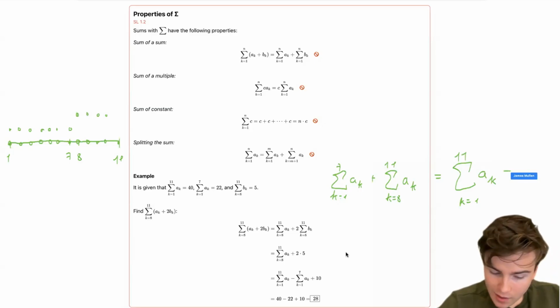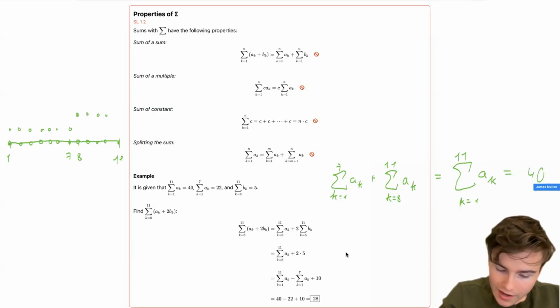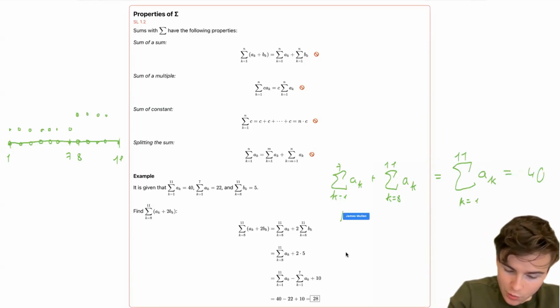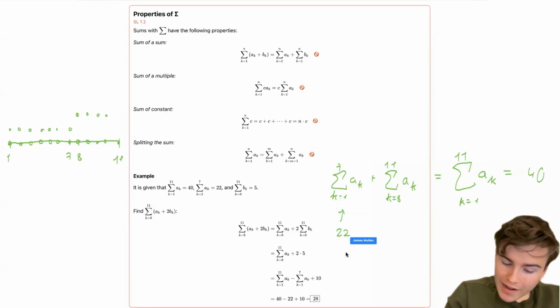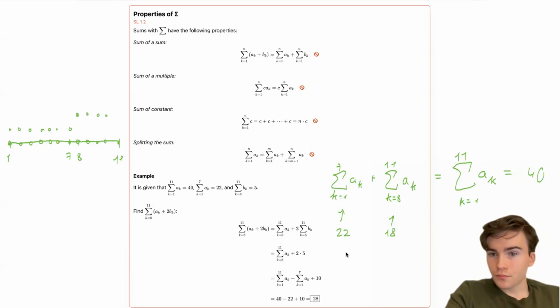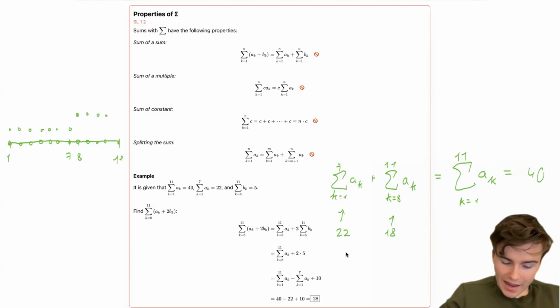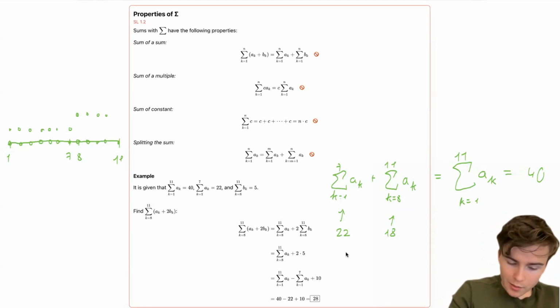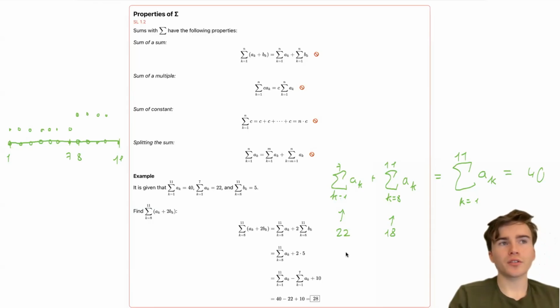And we know what the whole sum is. The whole sum is 40. And we know that this is 22, which means that the remaining part that we're looking for has to be 18, 40 minus 22. Which means that I can write this sum from 8 up to 11 as 18. I add 10 and I get 22.